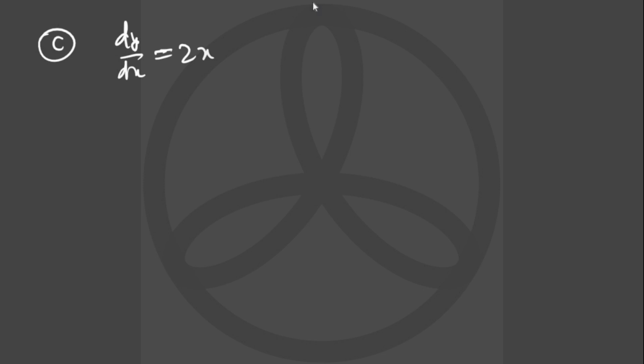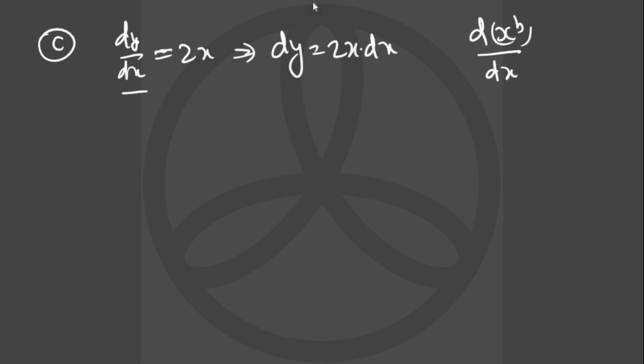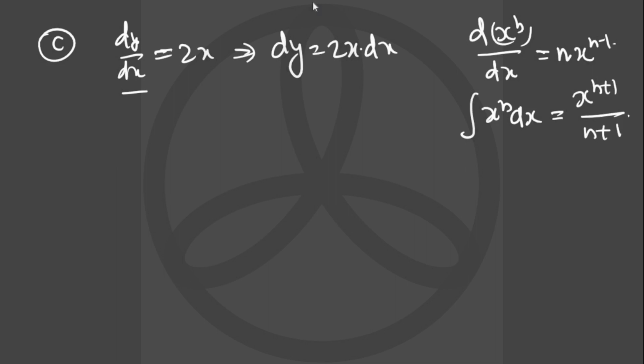So we need to apply a formula in this, and by writing dy is equal to 2x dx, we know when x to the power n is differentiated with respect to x, the resultant we get is n x to the power n minus 1. In a similar way, when we integrate x^n with respect to x, just the reversal of this, we will get x to the power n plus 1 divided by n plus 1. So these are the two formulas which can be applied.